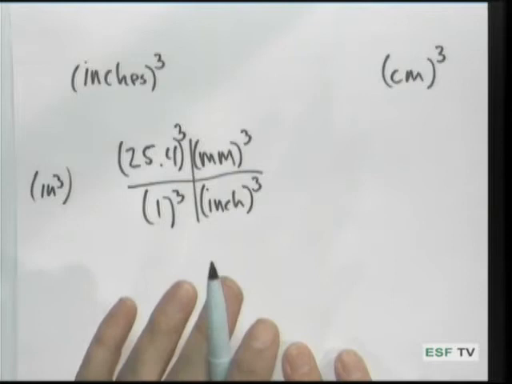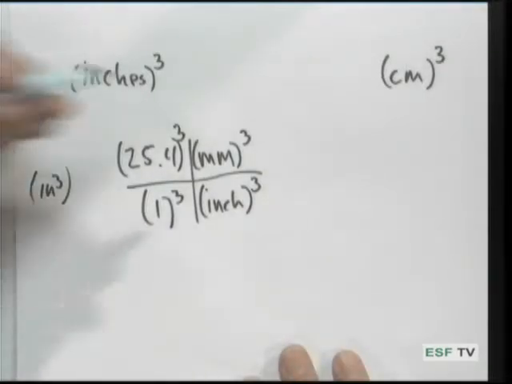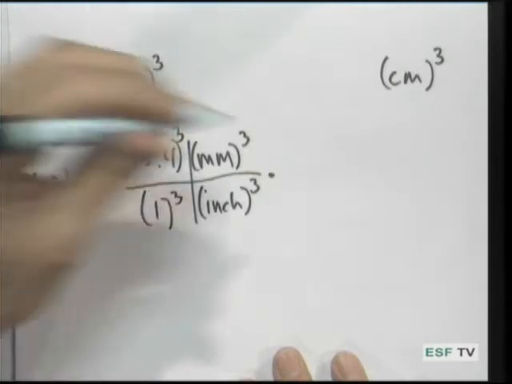We're not quite there yet because we want to convert into centimeters cubed over here. So we need a conversion factor from millimeters cubed into centimeters cubed. We want to end up with centimeters cubed in the numerator. So we multiply that by another conversion factor. We know, for example, that there are 10 millimeters per centimeter.